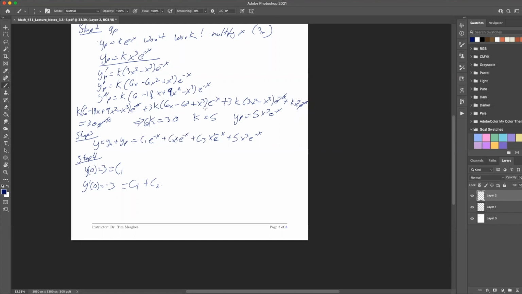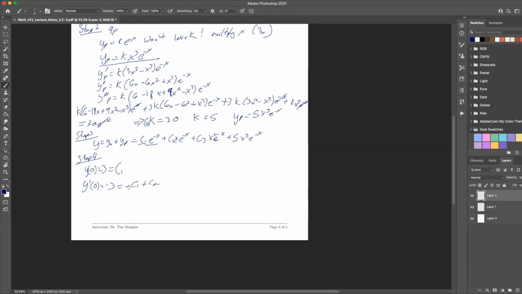No, c1 is positive. Why? Because here, let's look at this e to the x. Oh, the c1 is negative and the c2 is positive. Correct, thank you. Because this one comes out to be c1, but for this one I take the derivative and hold this constant, which gives me the c2.